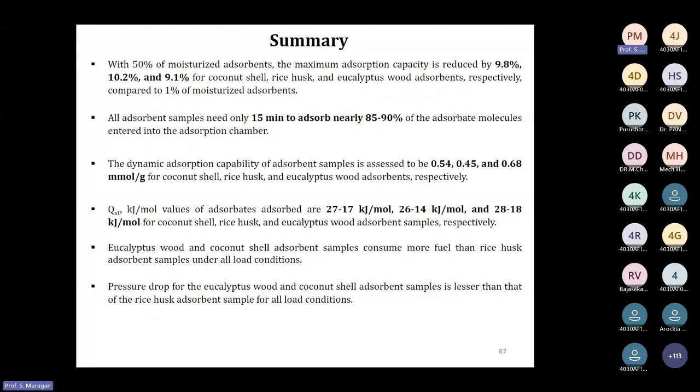Then all adsorbent samples needed only 15 minutes to adsorb nearly 85 to 90 percent of the adsorbate molecules, that means the CO2 that entered the adsorption chamber. And of course, the eucalyptus wood and coconut shell adsorbent samples consume more fuel than the rest. Pressure drop for eucalyptus wood and coconut shell adsorbent samples is a bit higher than the rice sample.